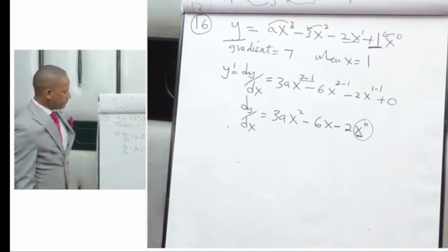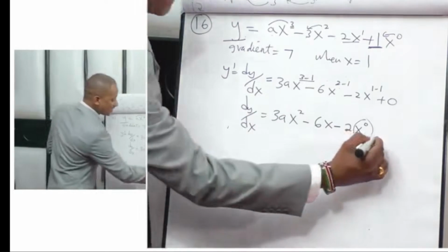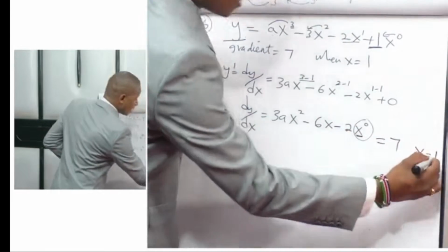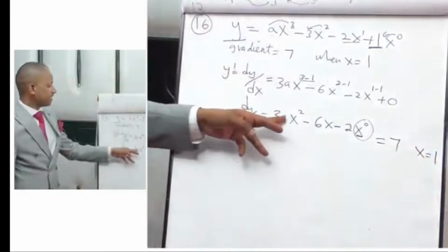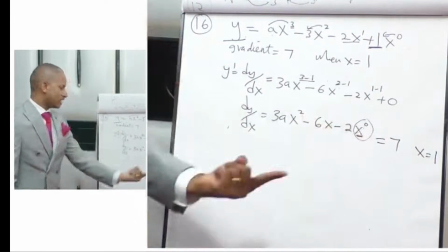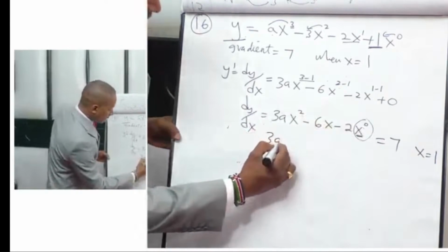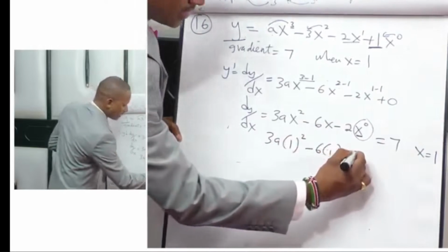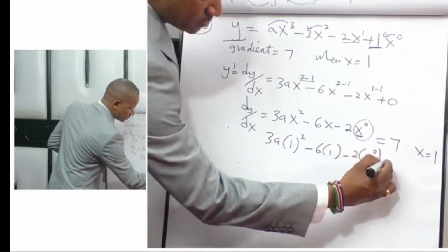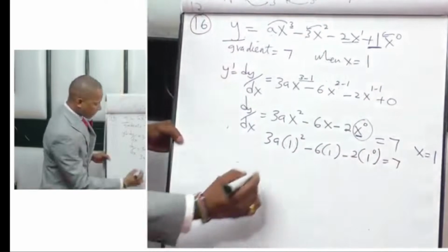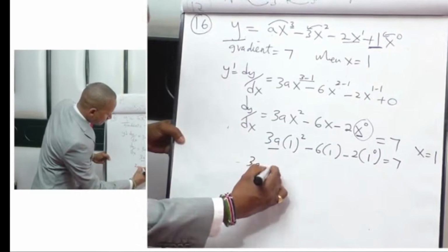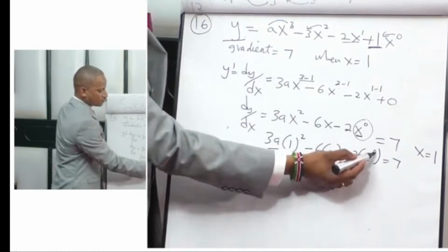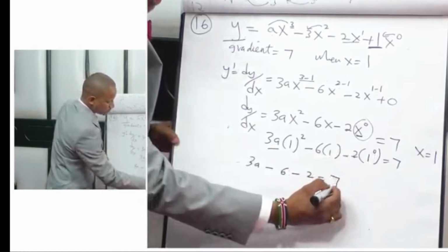Now, from here, you are told that this gradient is 7 at x equals 1. Find a. So where there is x, just put 1. So this is 3a times 1 squared, minus 6 times 1, minus 2 times 1 raised to power 0, is equal to 7. So this is 3a, minus 6, minus 2. 1 raised to power 0 is 1, 1 times 2 is 2, equals 7.